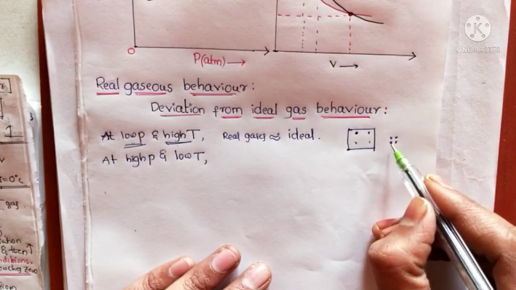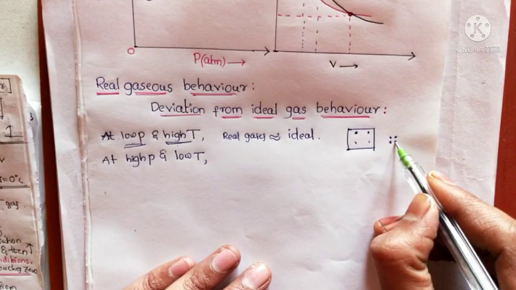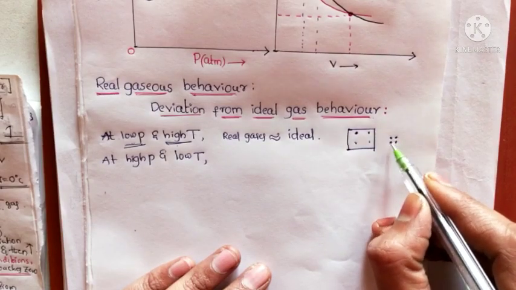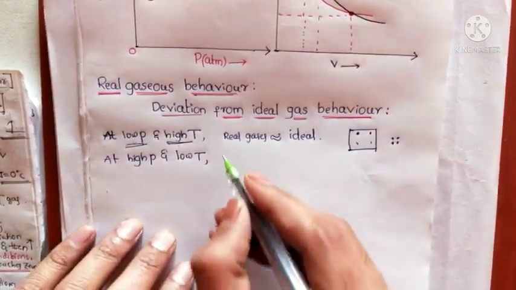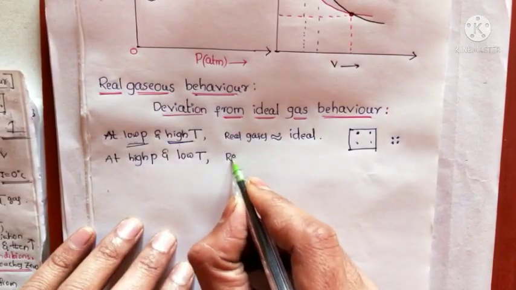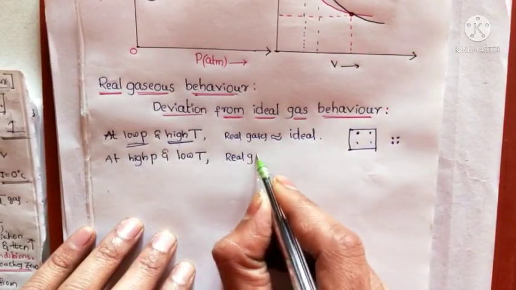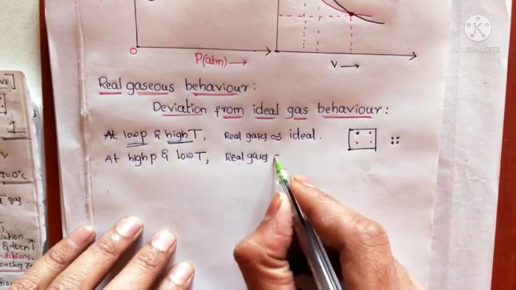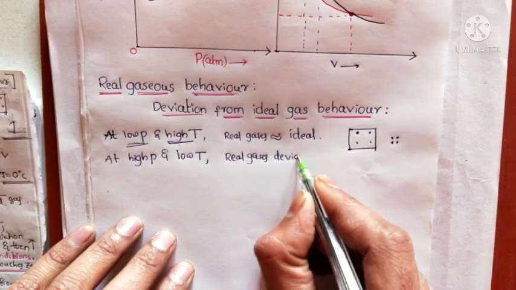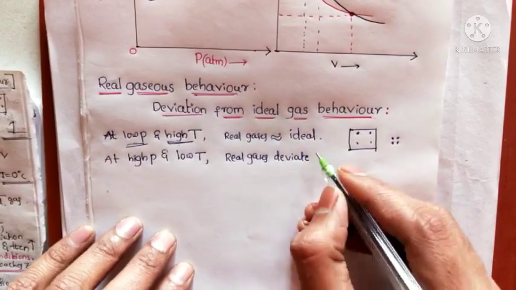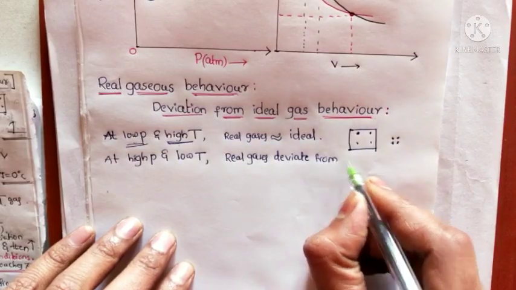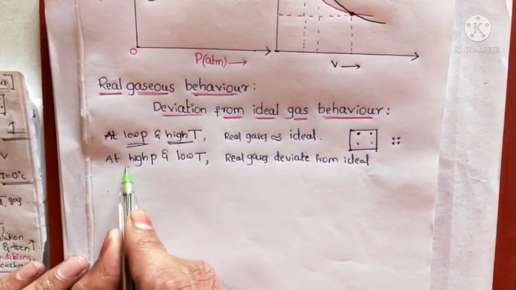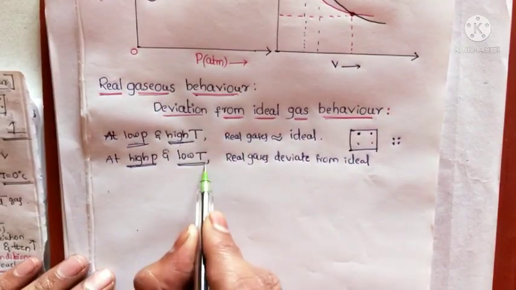Whenever molecules come close to each other, there are significant repulsions as well as attractions. That's why real gases deviate from ideal gas behavior, at high pressure and low temperature.